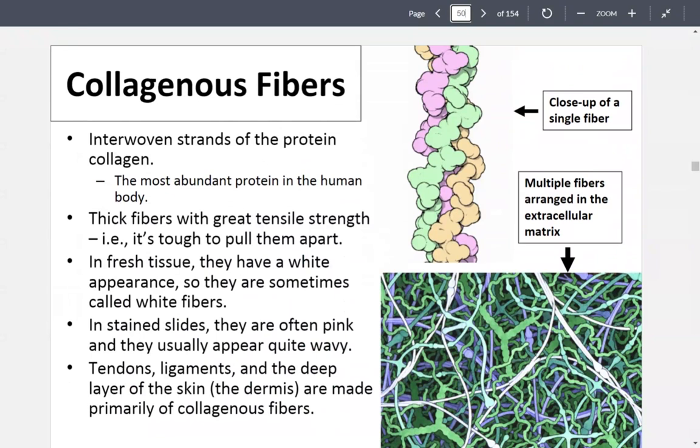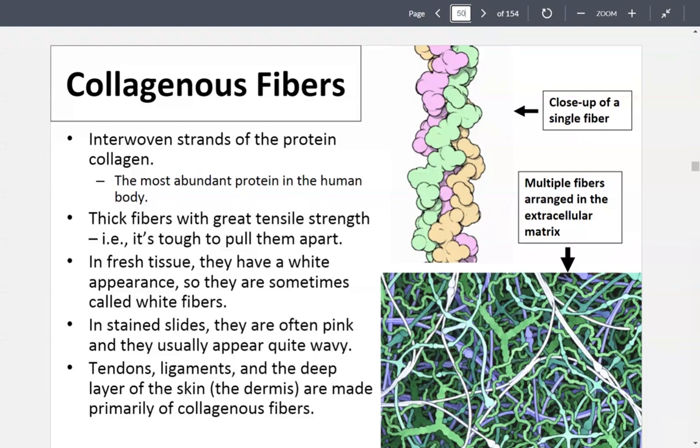Where do we tend to find these? Everywhere. Why everywhere? Collagenous fibers are in the deep layer of the skin, the dermal layer. You have skin everywhere. Skin is the largest, heaviest organ in the body.